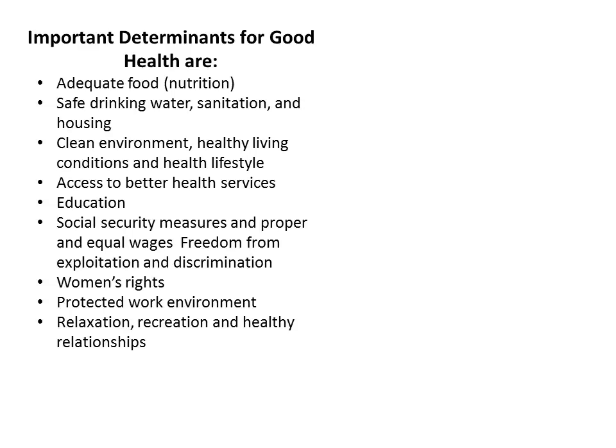A list has been provided of factors which affect health in a good way: adequate food, safe drinking water, proper sanitation, clean environment, healthy lifestyle, access to good health services, education, etc.